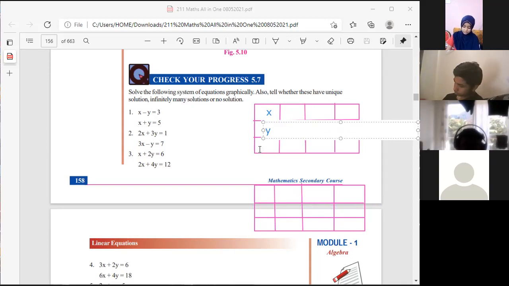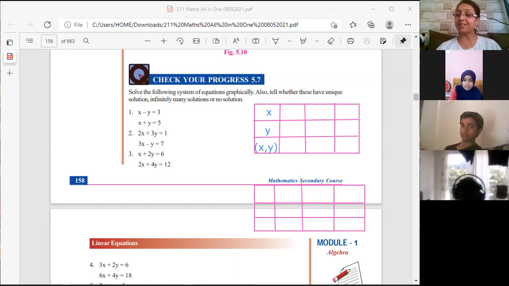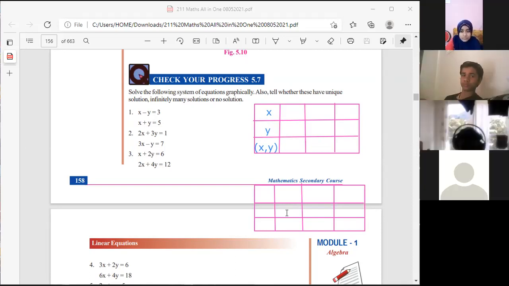Or if you are using graph pages, then you can do it in your notebook and stick the graph in the book. There might be a few who are using graph paper and a few who are using a graph book. If you are using a graph book, you have one ruled page there, so on the ruled page you can do these tables. But in case you are using graph paper and you don't have a graph book, then you can do this in your notebook and then stick the graph there. Is it very clear?